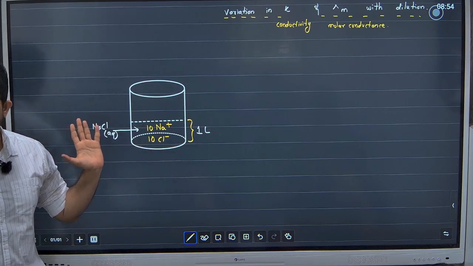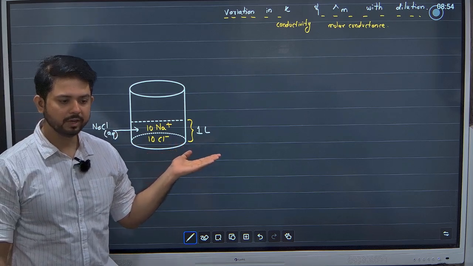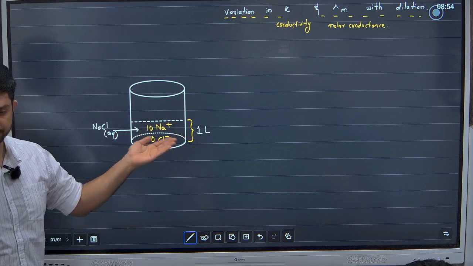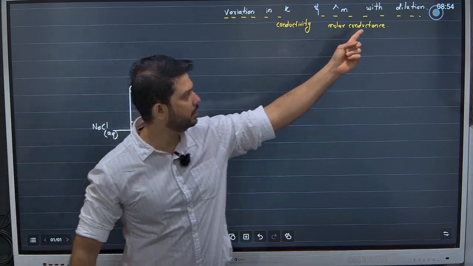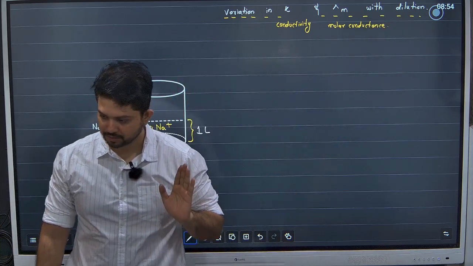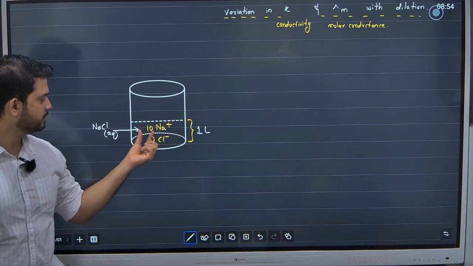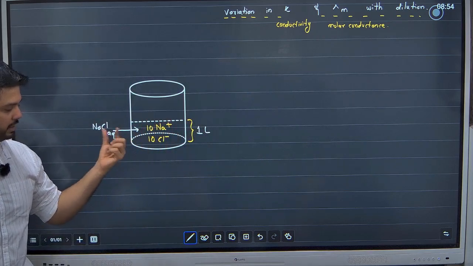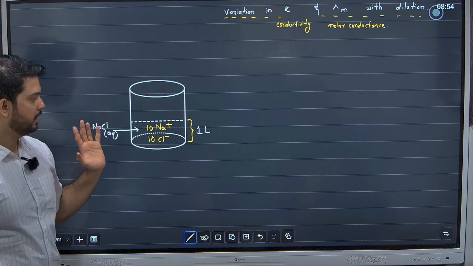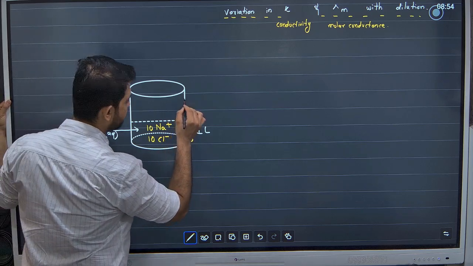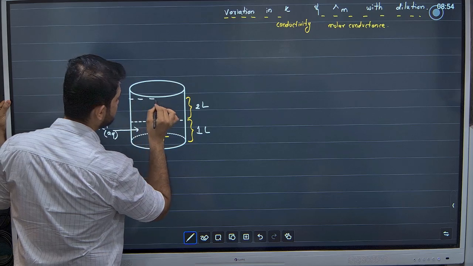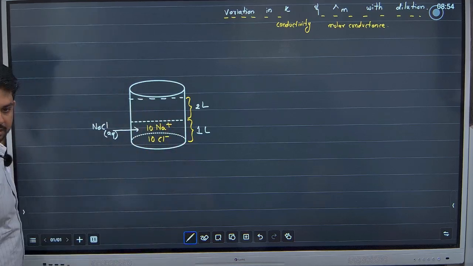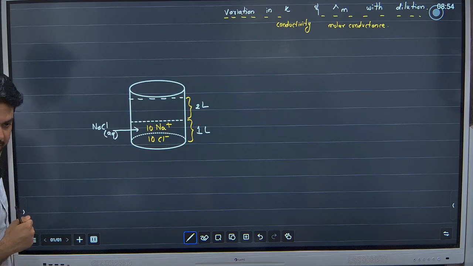With me till here? Now, what I'm doing is I am increasing the volume, or I am diluting the solution. 1 liter solution में how many ions of Na plus were there? And how many ions of Cl minus were there? 10. So now if I dilute, let's say from 1 liter to 2 liters, if I increase the amount of solvent, let's say some more ions dissociate.